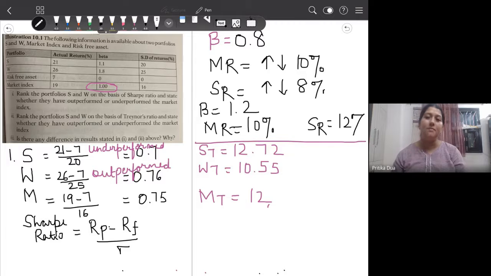Now tell me, can beta for any security be negative? Can it be negative? Because here what we are seeing is a positive relation. They are moving in the same direction. So can beta of a security be negative?